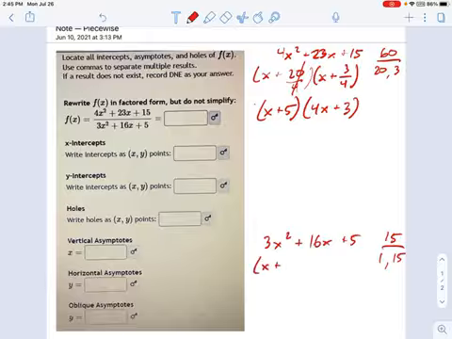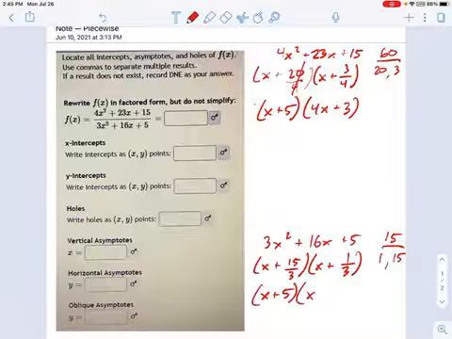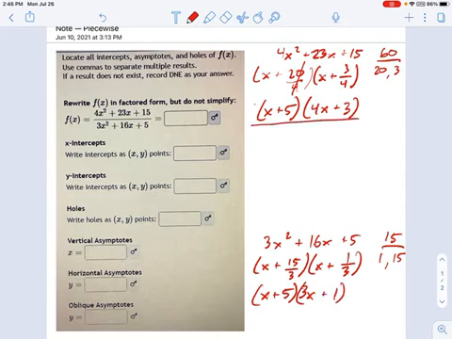So we have x plus 15 over 3 and x plus 1 over 3, which simplifies to x plus 5 and 3x plus 1. That's the factored form. So let's write that all down here. This is x plus 5 and 3x plus 1.